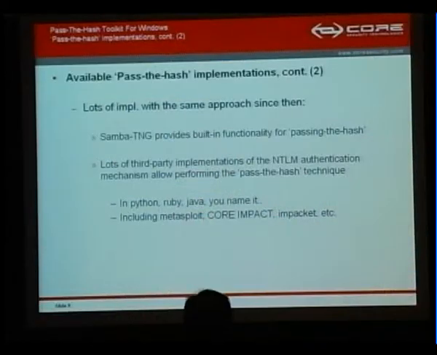Since Paul Ashton published his exploit code, there have been a lot of other implementations of the same technique. For example, there's a project of the Samba project called Samba TNG that also provides this functionality built in, without needing the code that Paul Ashton did.